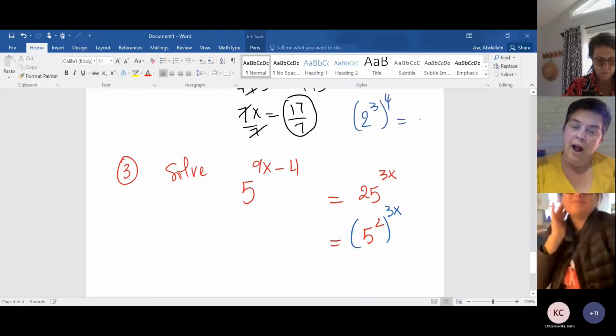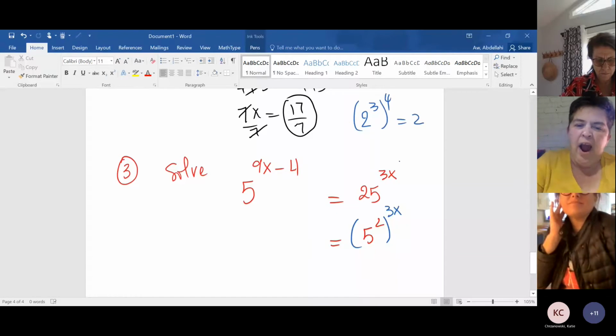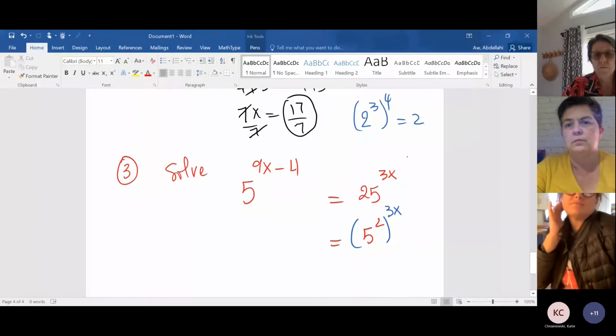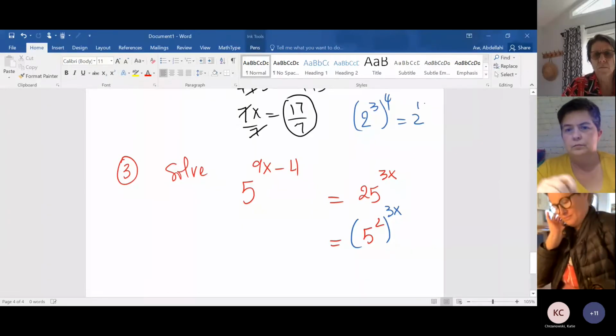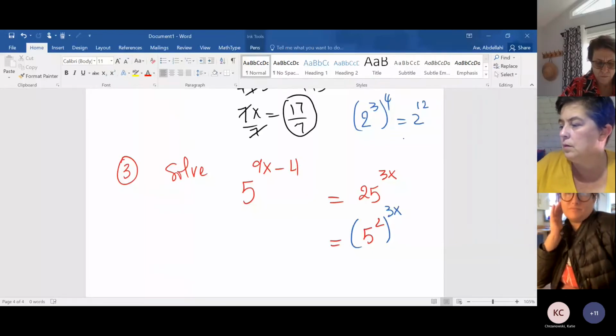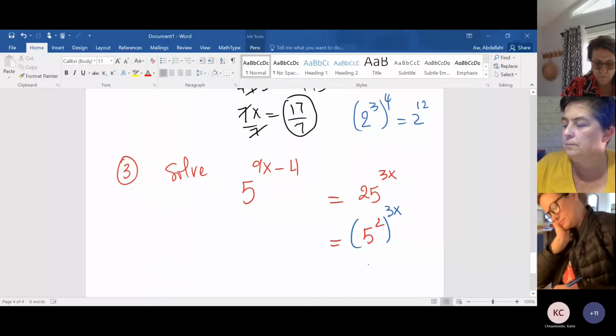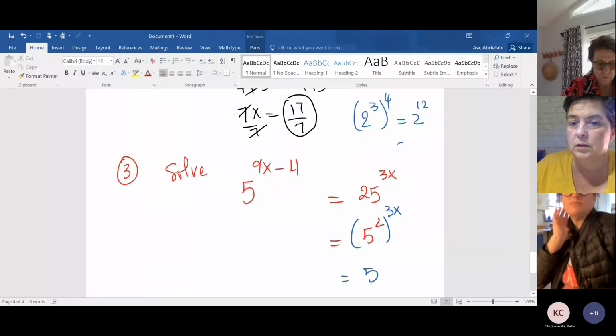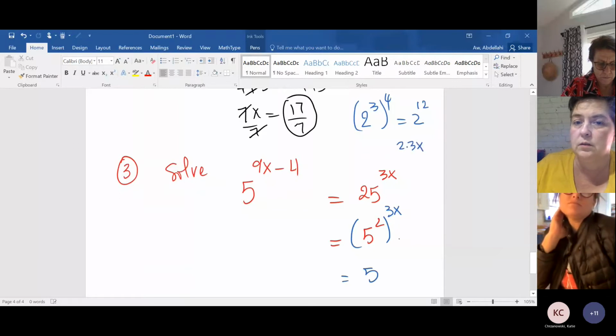It's going to be 2 to what power? Is it 12? You multiply them. Everybody? You multiply the two exponents. If they are compounded, you multiply them. So this becomes 5 to what power? 2 times 3x, which is 6x, right?